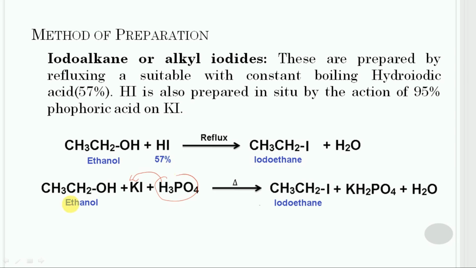So this is the overall reaction. In that case, ethanol, potassium iodide and phosphoric acid are taken together, and the iodoethane will get formed along with this side product.